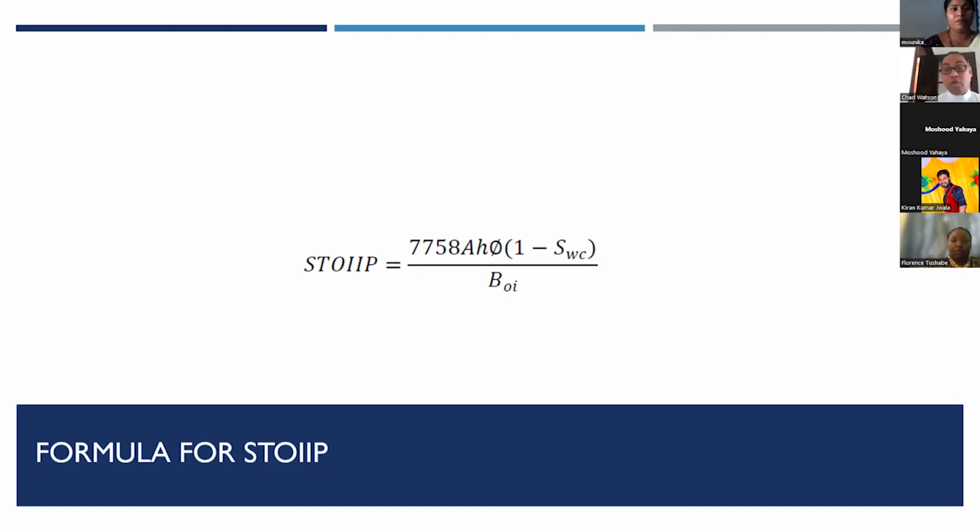BOI is the formation volume factor. SWC is the saturation of the rock, and phi is, God, I'm forgetting my Greek letters now, the porosity of the rock. So these are all factors that contribute to what the oil in place is in a reservoir.